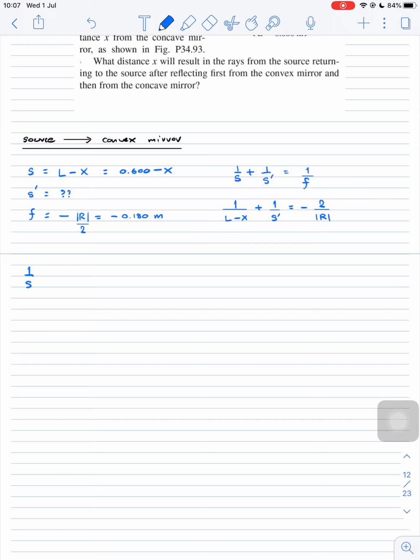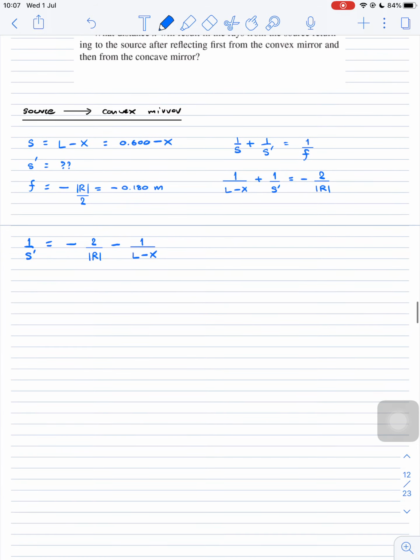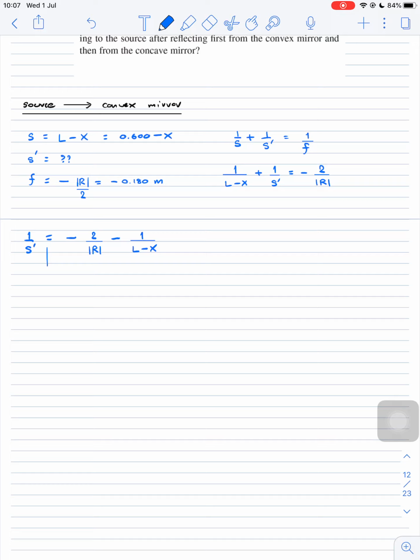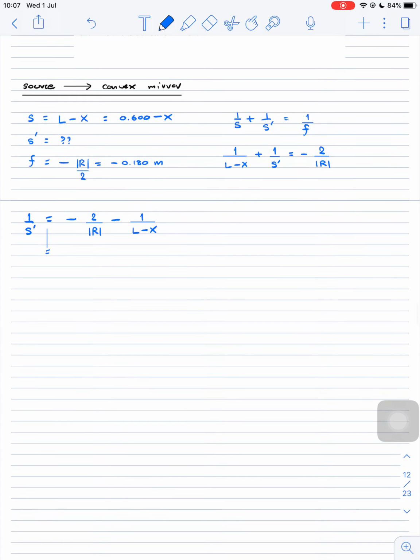We get 1 over S prime equals minus 2 over the absolute value of R, minus 1 over L minus x. Crossing terms, this equals minus 2 times L minus x, minus the absolute value of R, over the absolute value of R times L minus x.